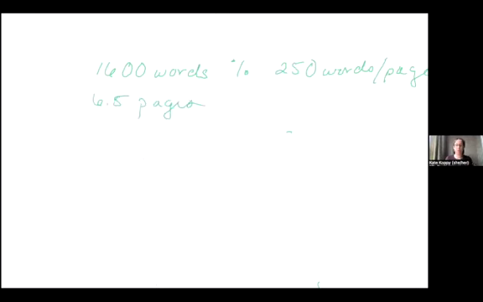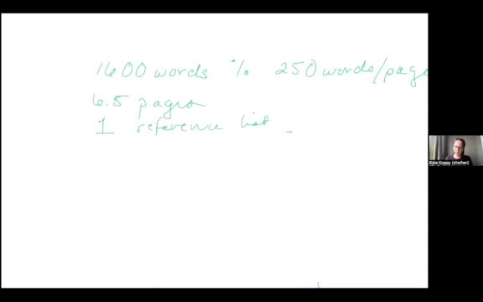Okay, so 6.5 pages still maybe feels like kind of a lot. But as I said, some of those things have already been allocated, right? Even before we start thinking about our content, we already know what some of those pages are going to be. So for most students in this situation, one page is going to be the reference list.